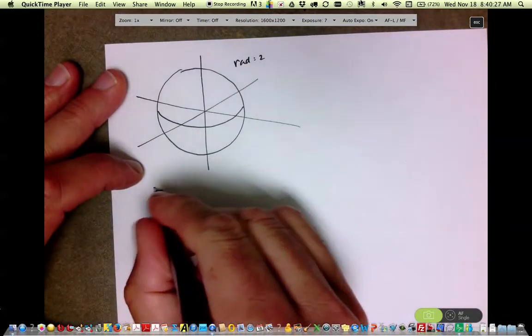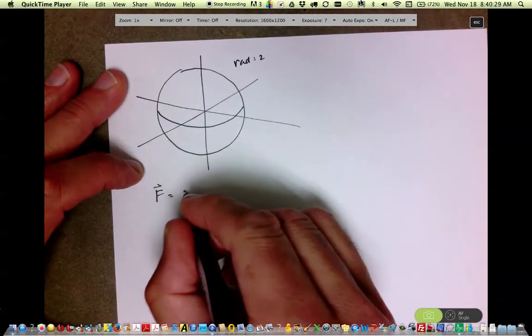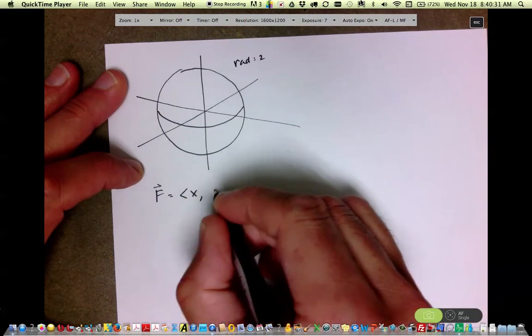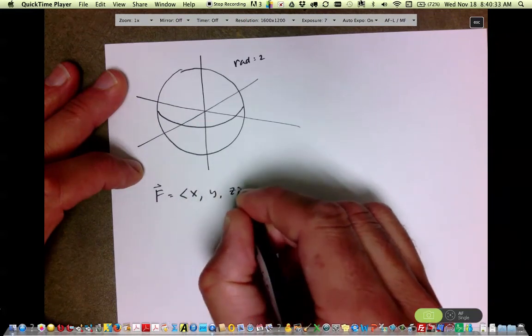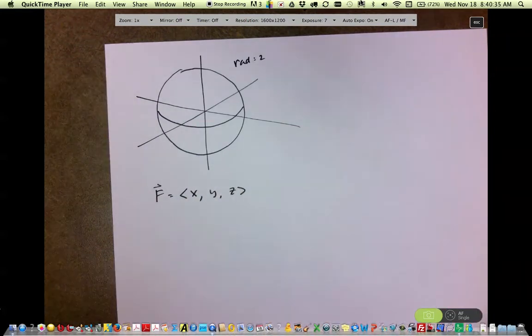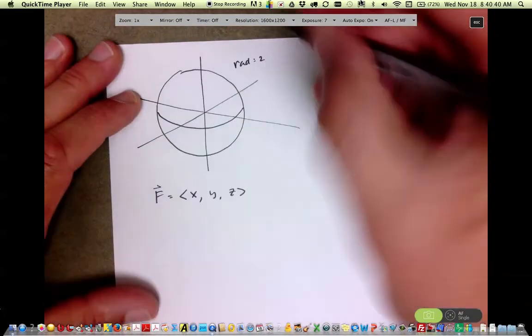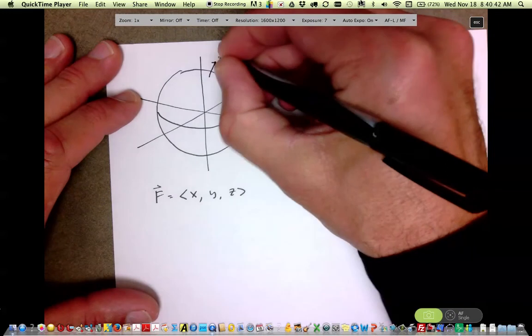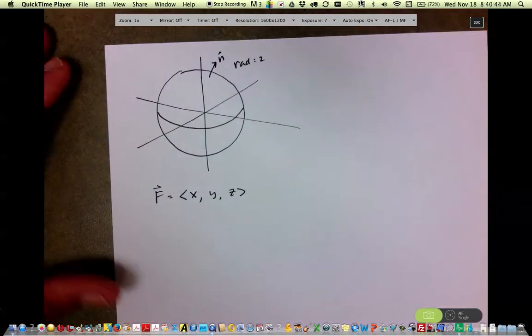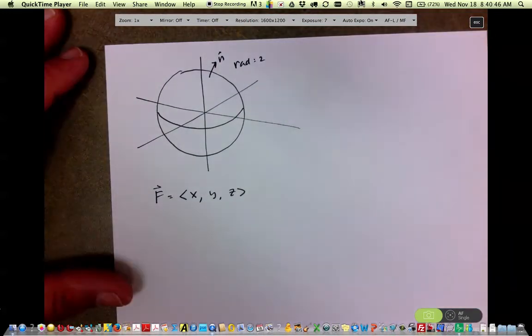And let's make the vector field F equal to x, y, z. Okay, this is the vector field that just radiates outward from the origin, so if the orientation is outward, we'd expect the flux on this one to be a positive number.